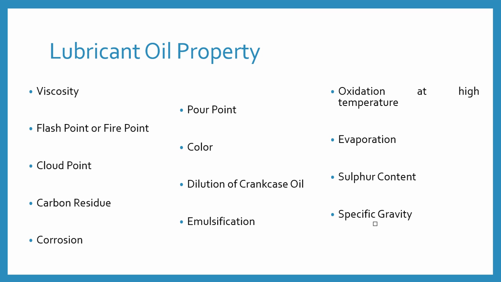So students, these are the basic lubricating oil properties required for the engine lubrication system. In this class we already discussed lubrication, why it is required, its functions, and the various properties of lubricating oil.